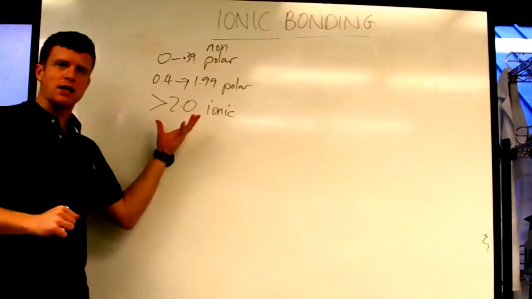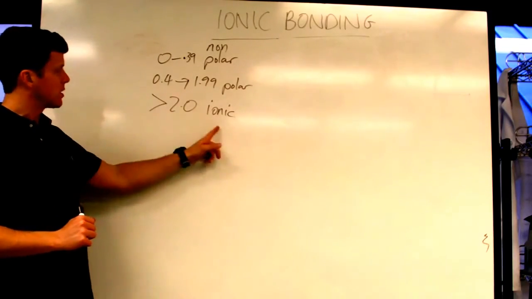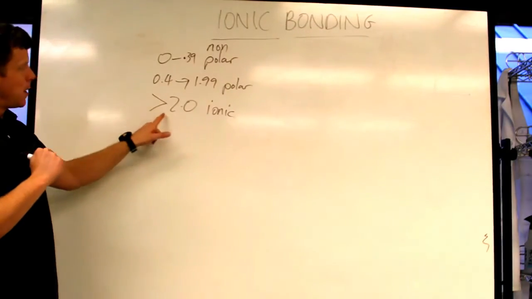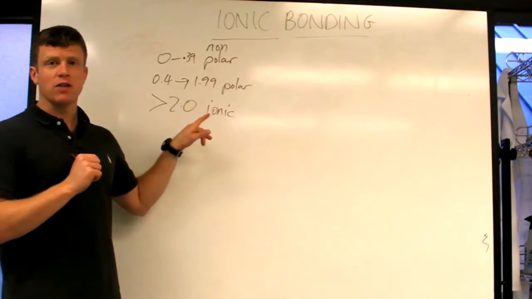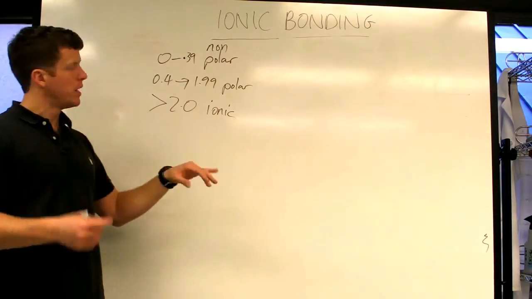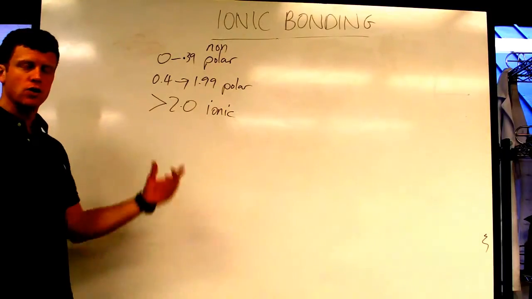We'll do this activity in class, where we'll subtract some electronegativity values just so that you can see that generally, and there are a few exceptions, there always are, when you subtract electronegativity values for ionic compounds like, say, sodium chloride, the value that you'll get will be 2.0 or over.